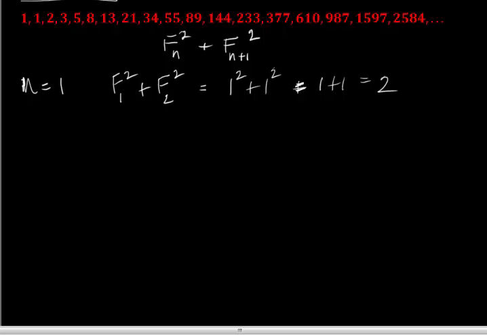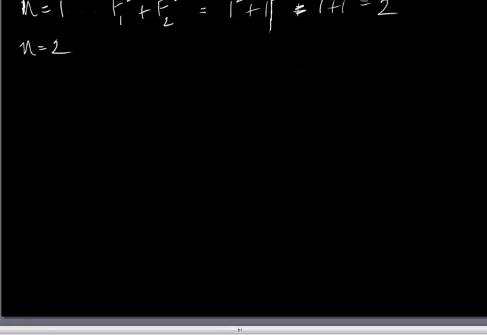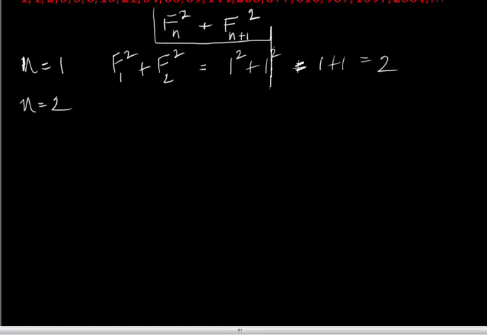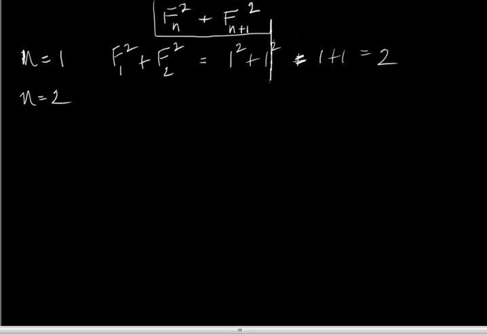So we can't see a pattern unless we have several examples. So let's write n equals 2. In that case, the expression that we're trying to find in general, when n is 2, will be f2 squared plus f sub 3 squared.